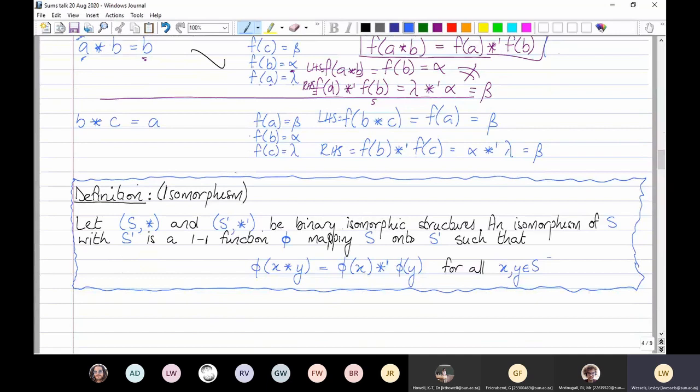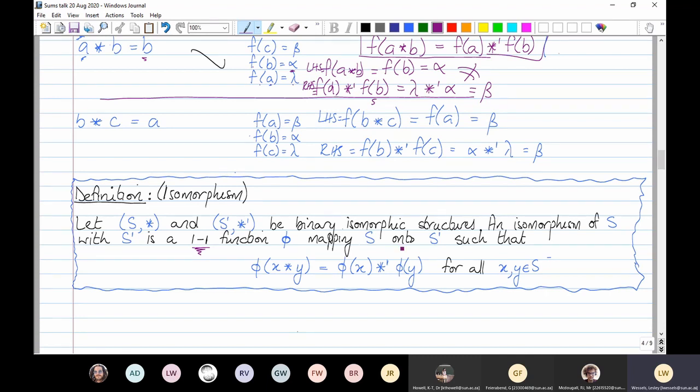So what is the definition of isomorphism? We have two binary algebraic structures, S star and S prime star prime. An isomorphism of S with S prime is, first of all, a one-to-one function phi.